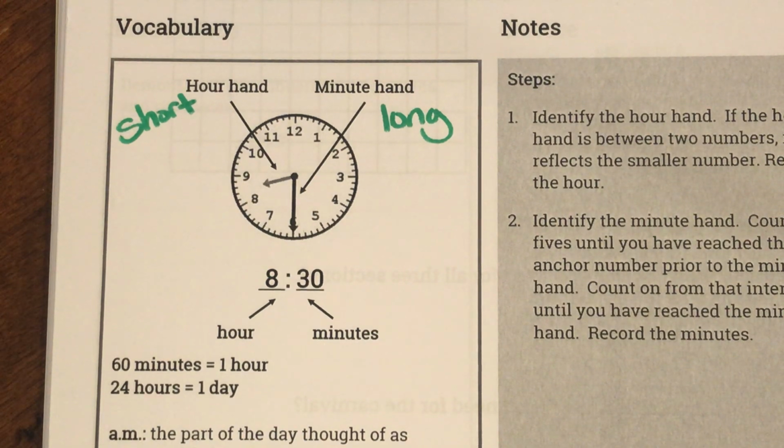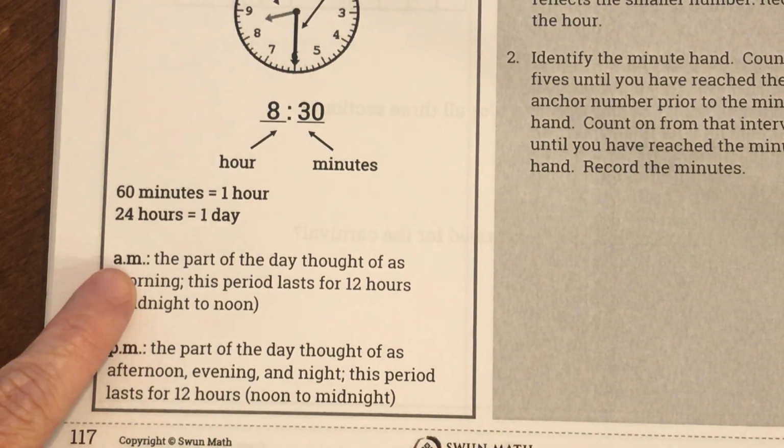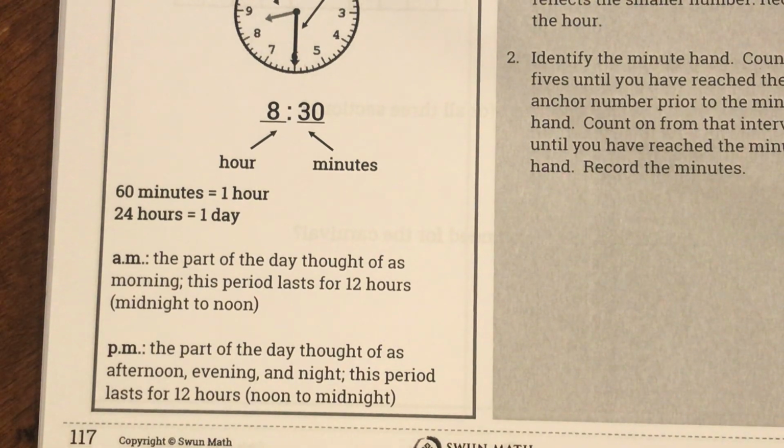Okay, some things that we're going to need to know is that every hour is made up of 60 minutes, and there's 24 hours in the day. There's also something called AM, which is the part of the day thought of as the morning.